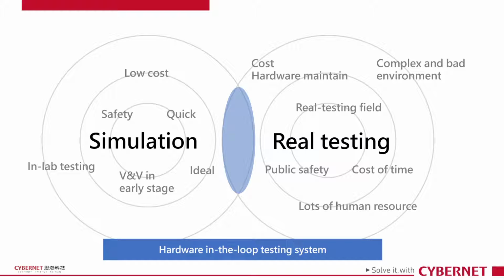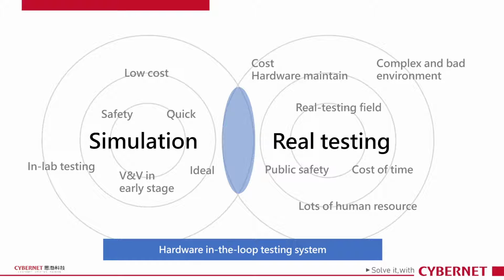Now we could have a full view between simulation and real testing. For simulation, we have a safe testing environment. The testing is quick and could be done at a very early stage. Software in the loop is much cheaper than real vehicle testing and could be done in the lab, running 24 hours per day. However, some of the requirements are assumed ideal, like communication.